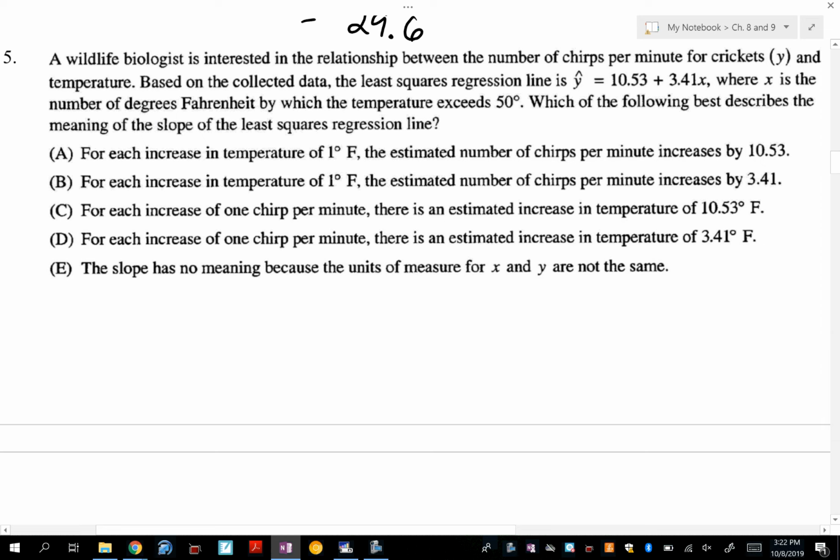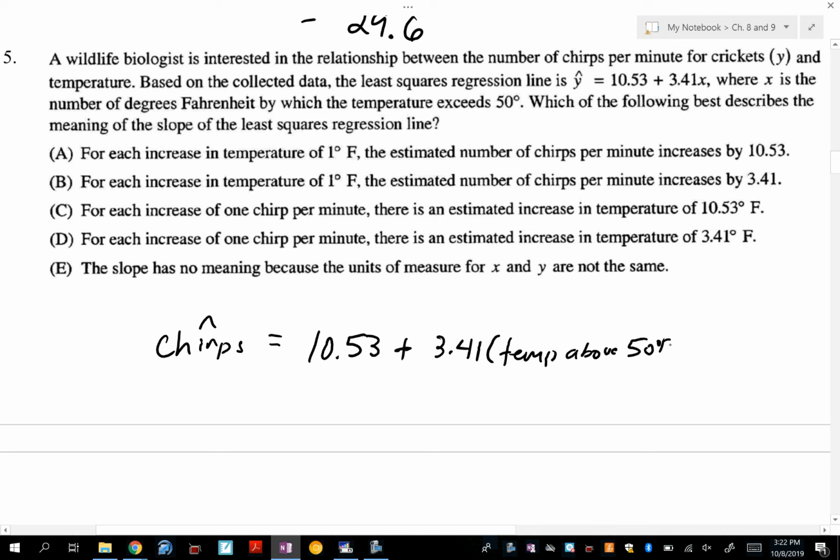So I'm going to write chirps hat equals 10.53 plus 3.41 times, and X is the number of degrees in Fahrenheit by which the temperature exceeds 50. So I'll put temp above 50 degrees. Yeah, so anything that exceeds.